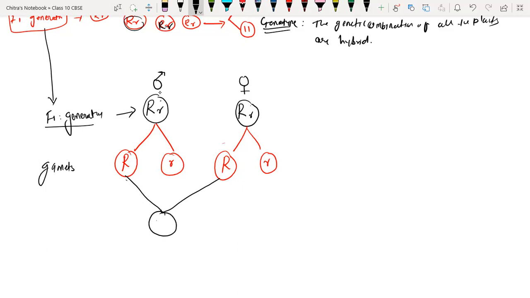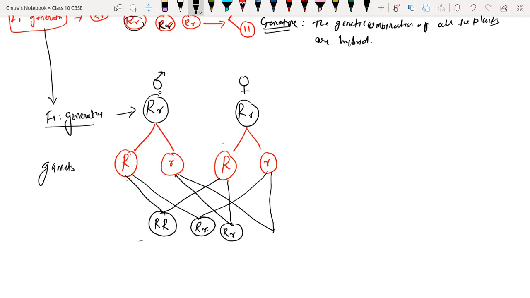So it will form capital R, capital R. If it fuses with small r of the female plant, it will produce capital R, small r. If that small r fuses with capital R of the female plant, it will again produce capital R, small r. If that small r fuses with the small r of the female plant, it will produce small r, small r. Is it, everyone? Yes, sir.